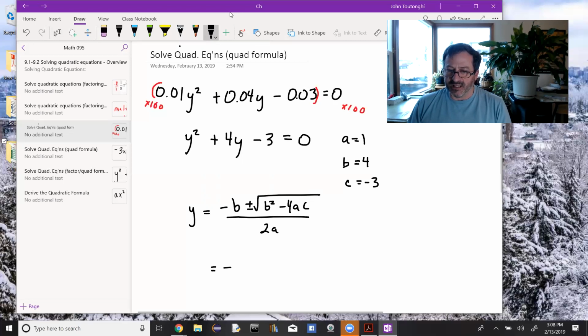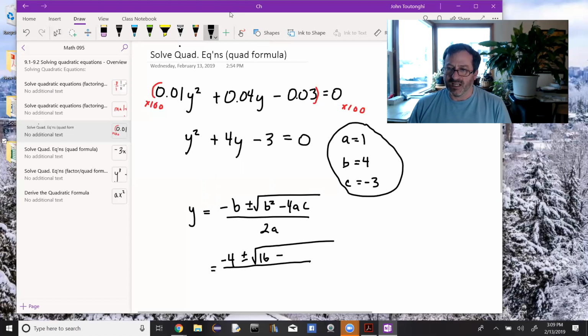The advantage there is that now when I go to plug these numbers into the formula, I can do the computations that I know. So for example, negative b, negative 4, would be negative 4. I don't have to do anything there. Also, b squared, that's 4 squared, that's 16. So I'll just put a 16 here. And then minus, it's 4 times 1 is 4, times negative 3 is negative 12.